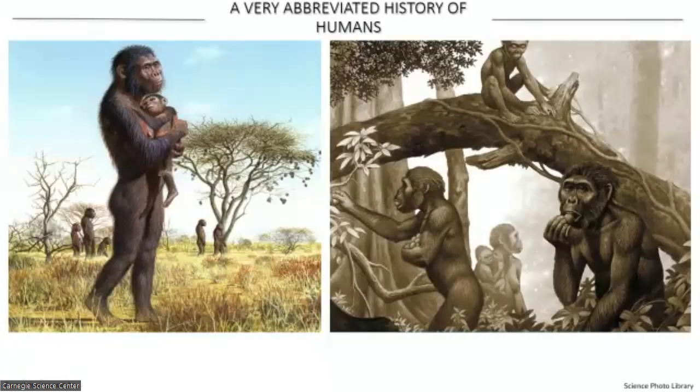There are so many questions about the timing and the reasons for our transition from arboreal and quadrupedal behaviors to bipedality, and from an upper limb that was used primarily for grasping branches overhead to one that is oriented towards precision manipulative behaviors. So before we dive into this, I want to spend a little bit of time orienting everybody to our human family tree, some of our hominin ancestors.